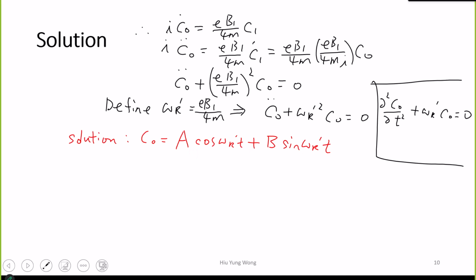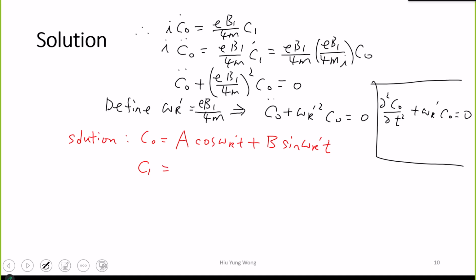This class is not about differential equations. I won't ask you to solve it, even in assignments. You just need to trust me, this is the solution. But you should know why we came up with this, and you should know the features. So how about C1 then?